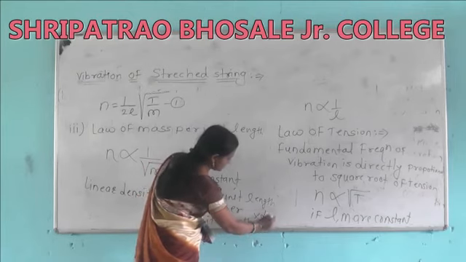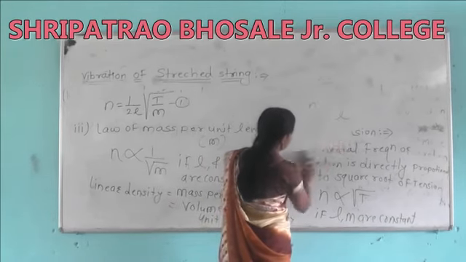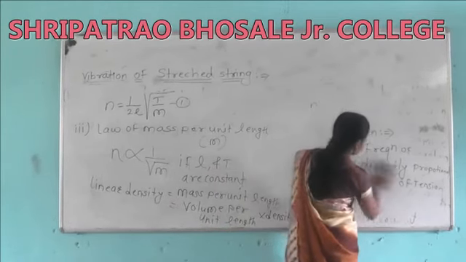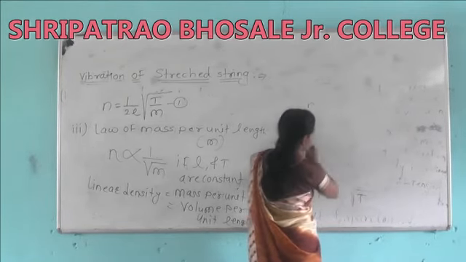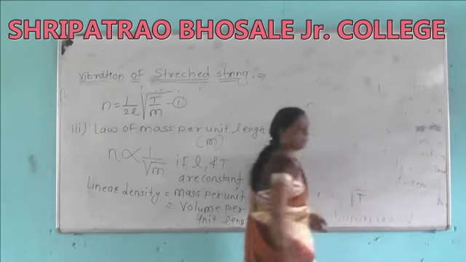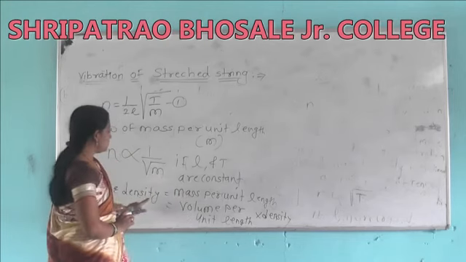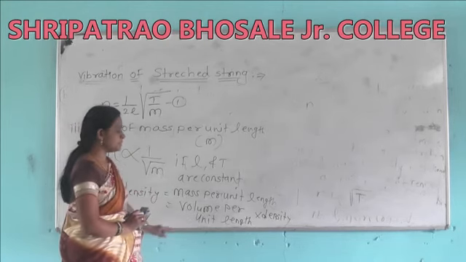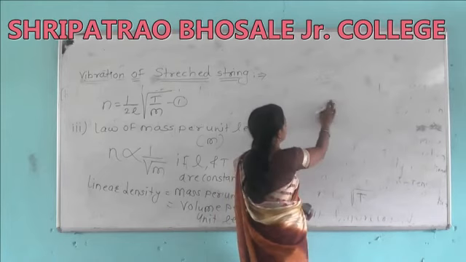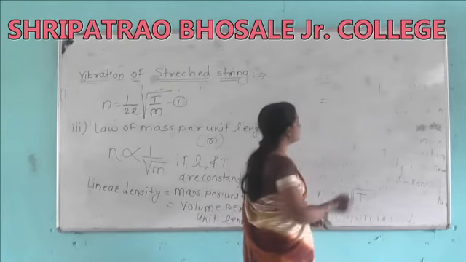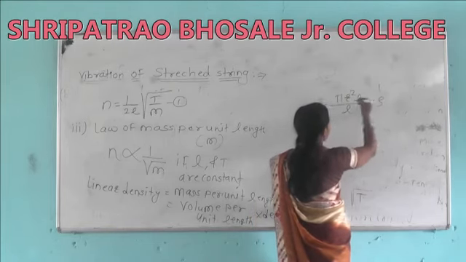Therefore, linear density is volume per unit length times density. The volume of wire or string is pi r square L, divided by L, into rho.